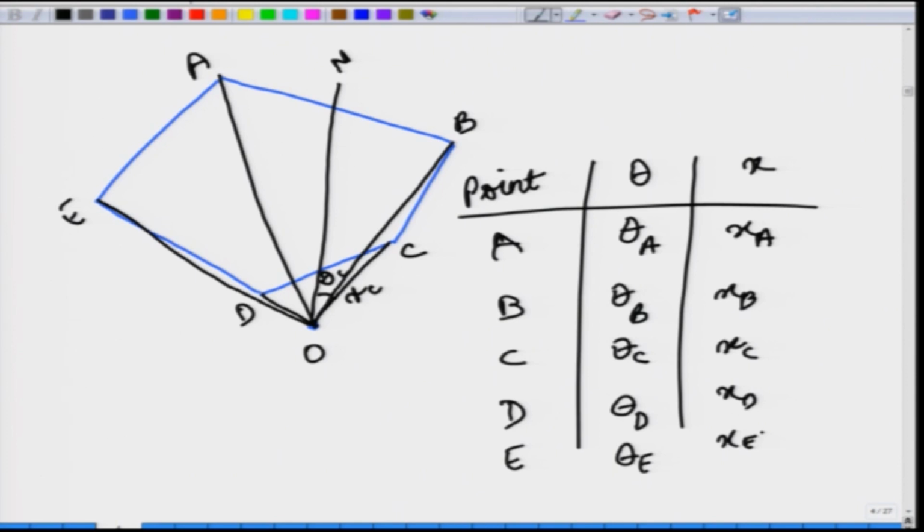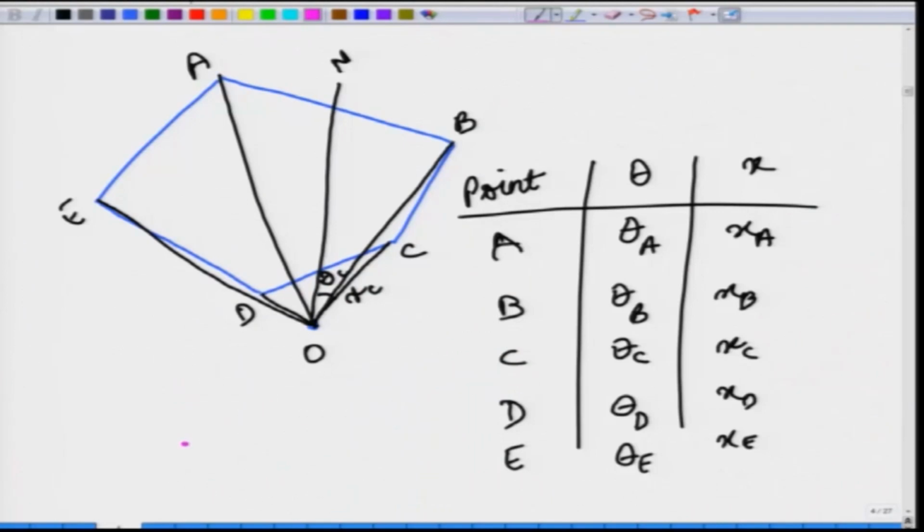And when you have these measurements, now you can present this data on a sheet of paper by just taking a piece of paper, marking out a point called O and marking all of these different points.